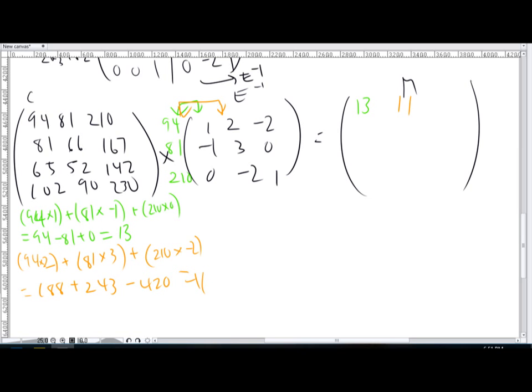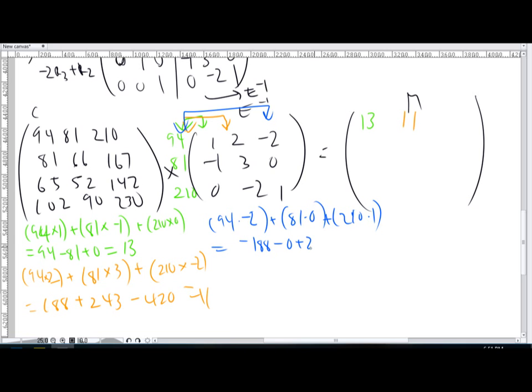And then I'm going to show one last time. So 94 times negative 2 plus 81 times 0 plus 210 times 1 is equal to negative 188 plus 0 plus 210. This is equal to 22.